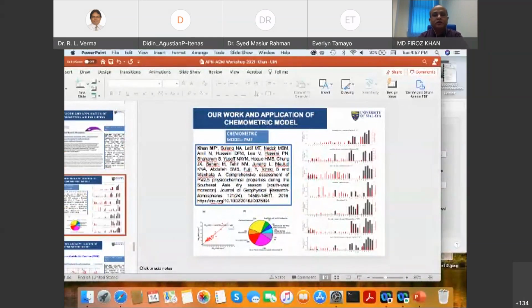And the correlation here, you may have seen, the R square value is very significant, right? Well correlated. So it is giving an indication that the PMF, the way we applied it here, will explain the concentration measured from our experiment.